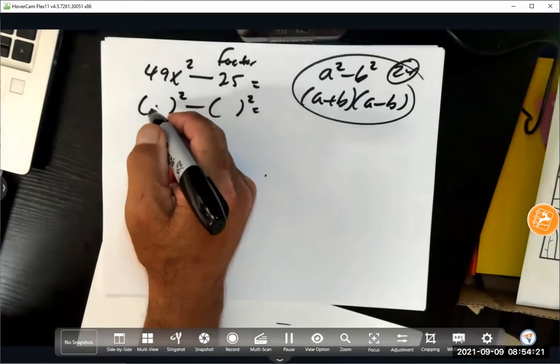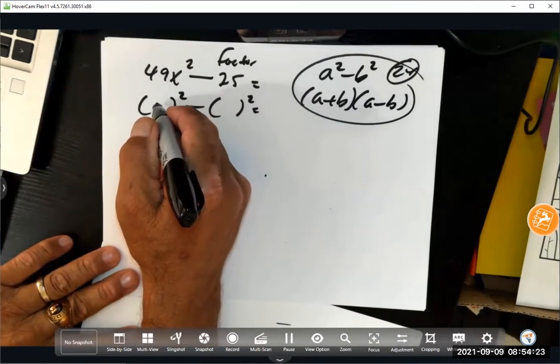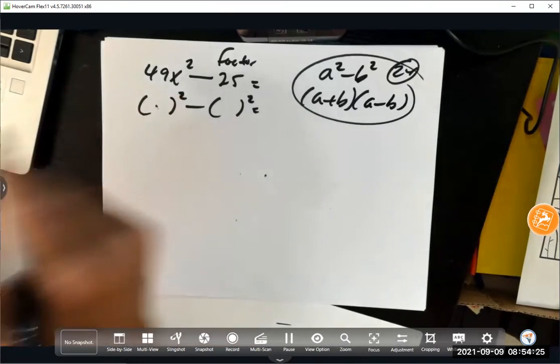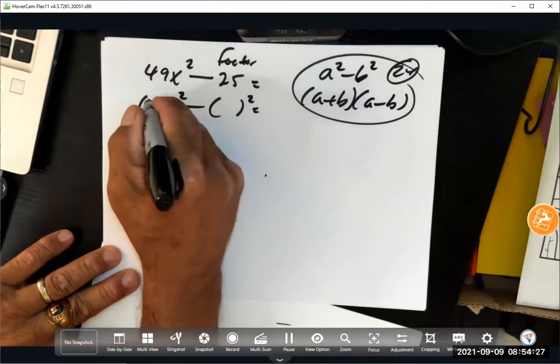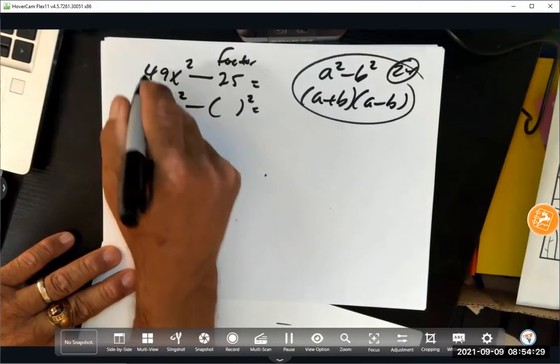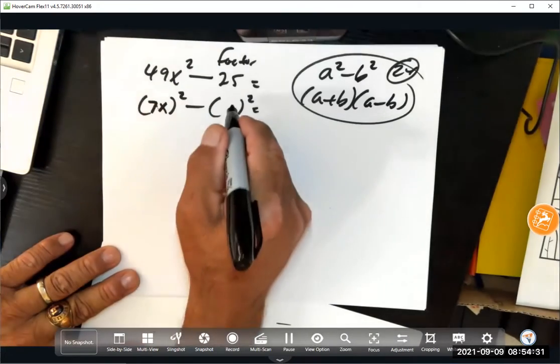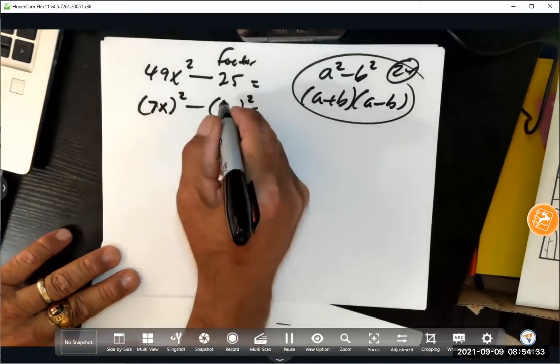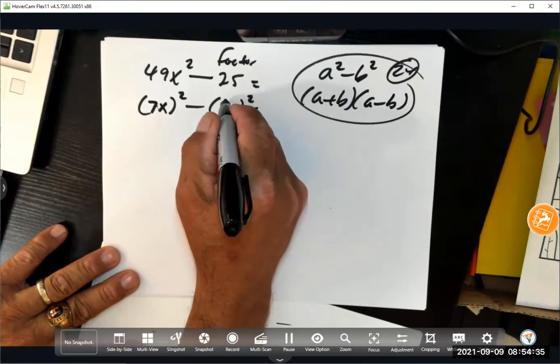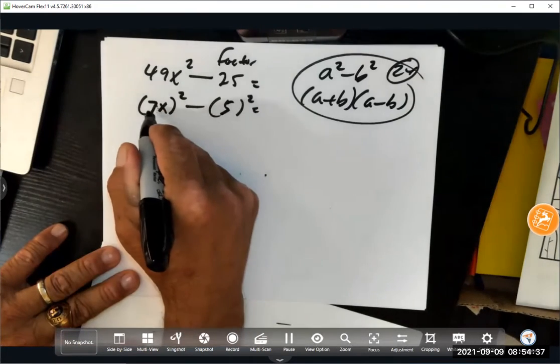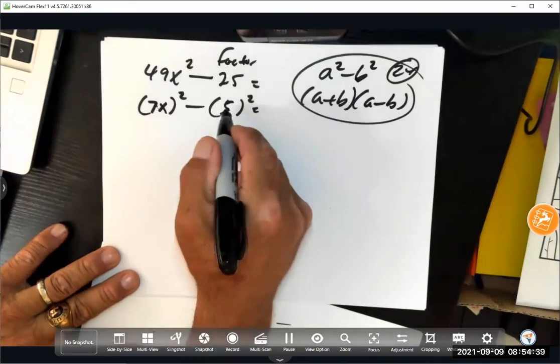What times itself is 49? 7. There you go. So 7 times 7 is 49, x squared. What times itself is 25? 5. So 7x squared is 49x squared, and 5 times 5 is 25.